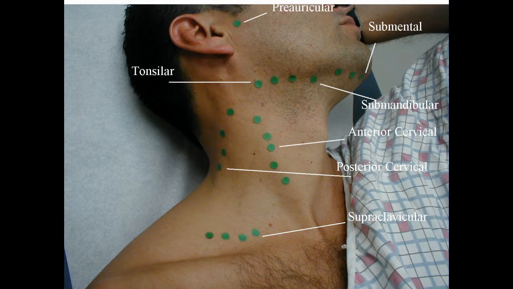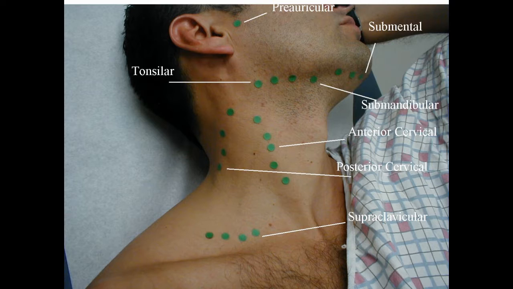Extend in a line posterior to SCM but in front of the trapezius, from the level of the mastoid bone to the clavicle. Drainage: the skin on the back of the head, also frequently enlarged during upper respiratory infection. Number 3, tonsillar, located just below the angle of the mandible.